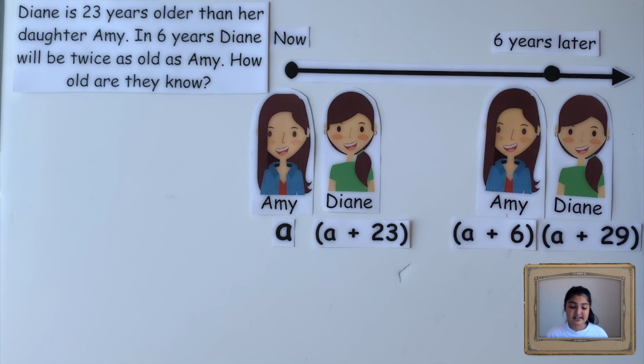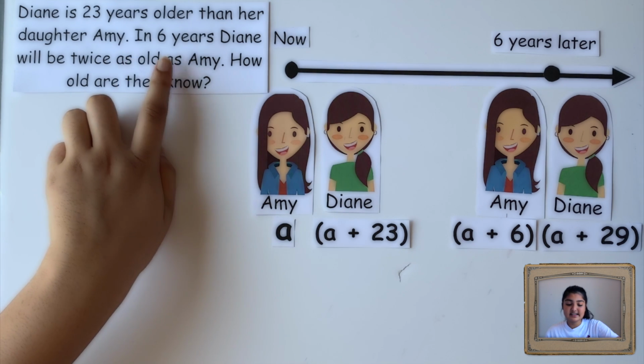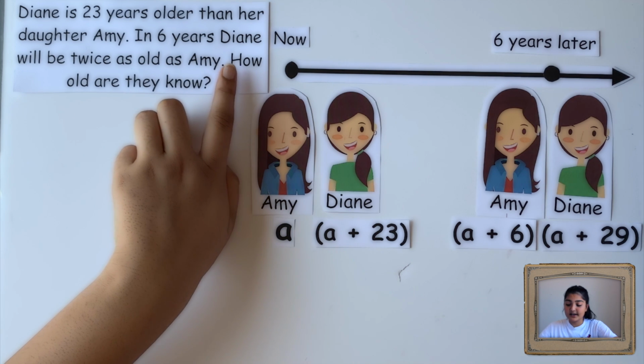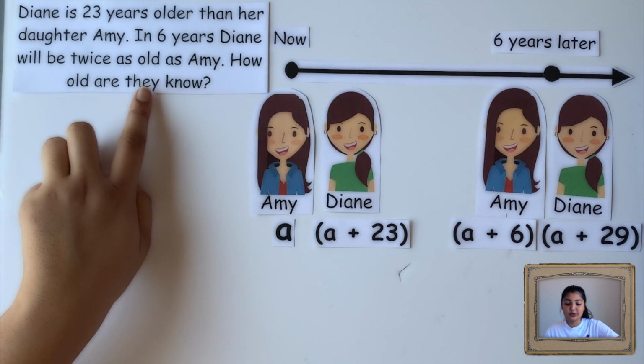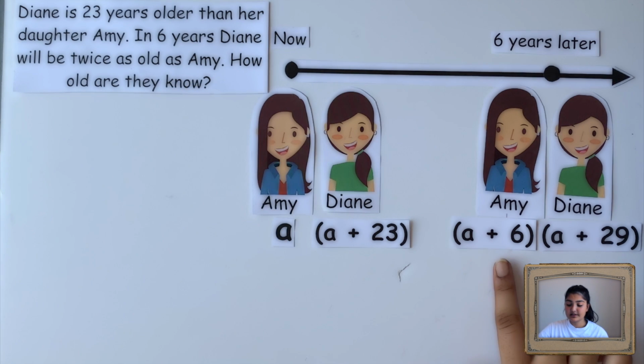The question tells us that in 6 years, Diane will be twice as old as Amy. And we want to find the value of A. So we can solve the question and find how old Amy and Diane are now.